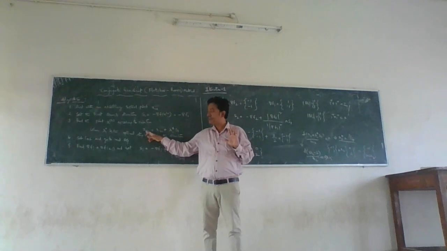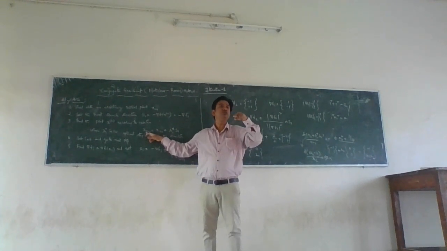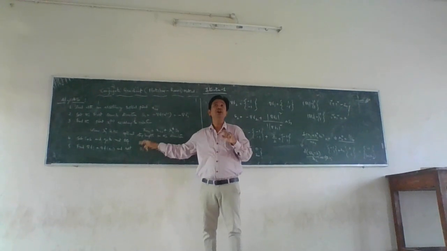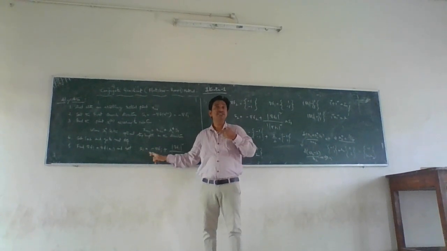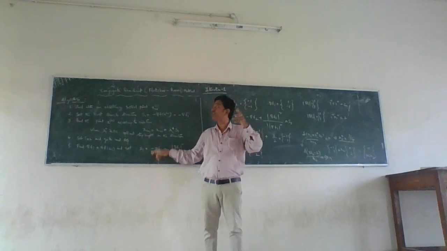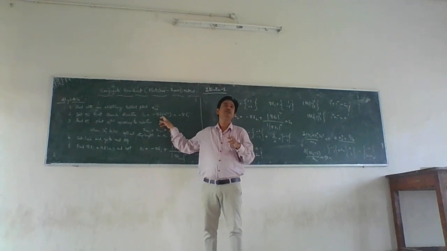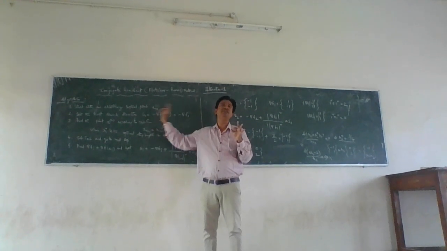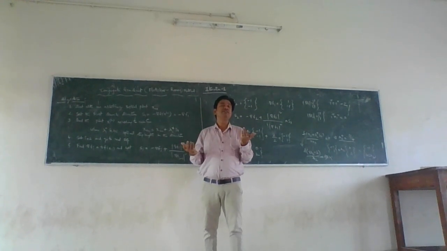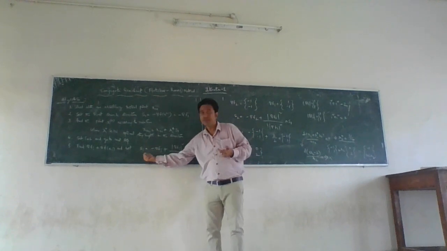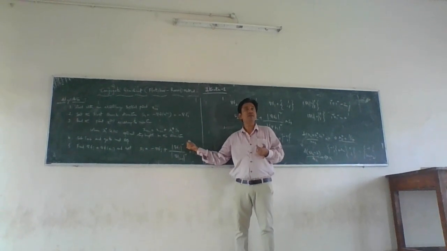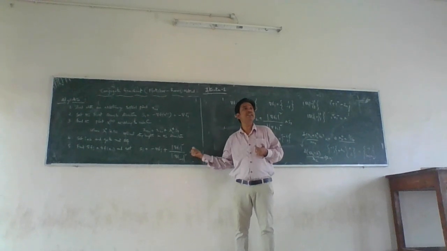Because when you estimate del of f at x2, it won't be 0. If it is 0, you can stop. If it is not 0, you have to go to the next step, and when you do, your s changes. In the earlier method, your s is only del of f. If I want s3, I substitute x3, so that del of 3 will be s3. But here it is not like that. Your s3 will become minus del of 3 plus mod del of 3 whole square by mod del of 2 whole square into s2.